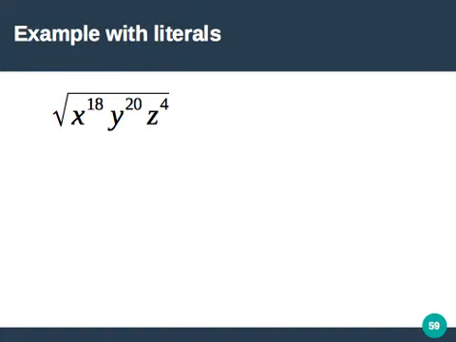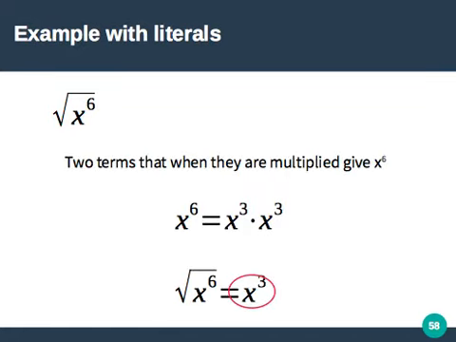Okay, so what about something a little bit more complicated? What if we have more literals in our square root? x to the power of 18 and y to the power of 20, z to the power of 4. What's going to be the result of this? Well, if you notice the pattern, you see the 3 and the 6. 3 is just the half of 6.